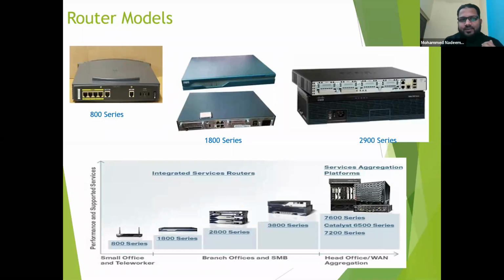Remember this one. Routers start with the 800 series, 1800 series, 2900 series, and you can see here the newer ASR 9000 routers also came into the picture. This is a bit of an old picture, but if you go to the Cisco website, you will see all the models. Use Google and the Cisco site to get updated.